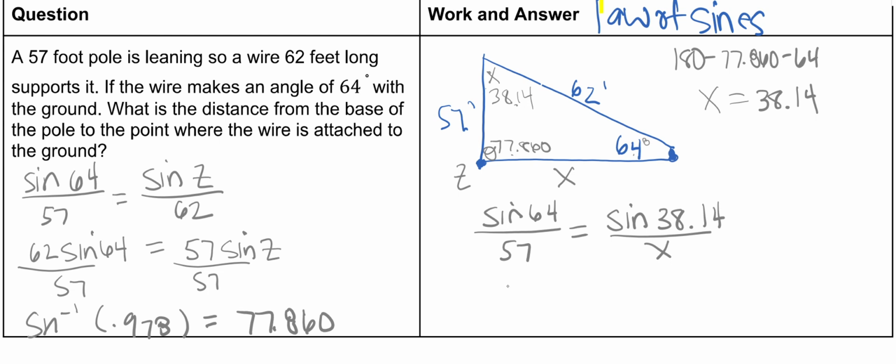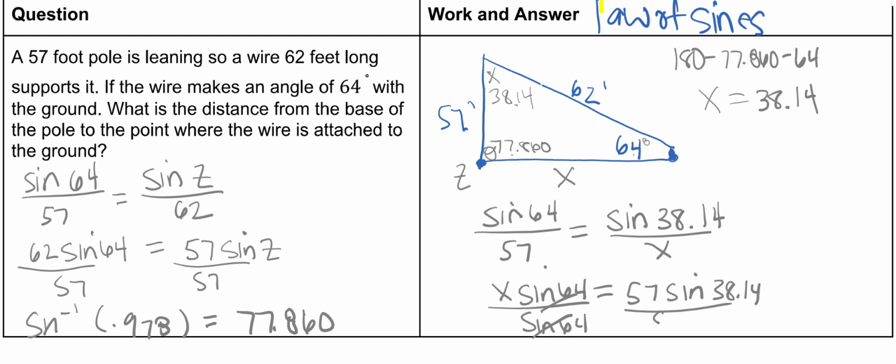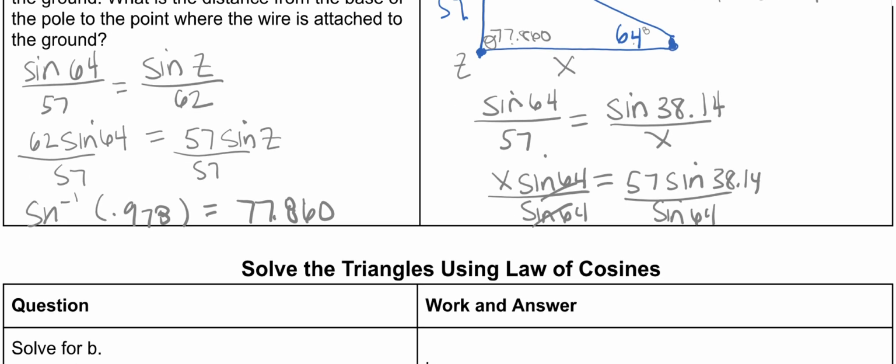And I solve for x by cross multiplying and then dividing by the sine of 64. And that will give us our x value in this case. And we're going to get x equals 39.166 feet. Okay.